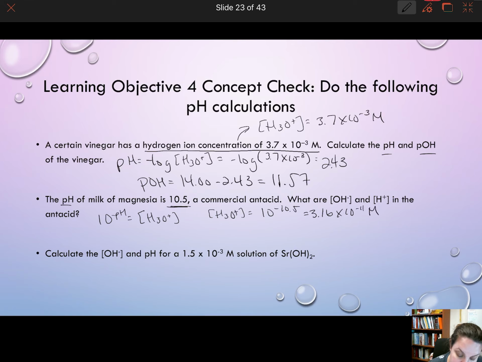And now we can just take that value. Remember that Kw is equal to our hydroxide concentration times our hydronium concentration. So if we take our Kw, divide it by our hydronium concentration, we can figure out our hydroxide concentration.